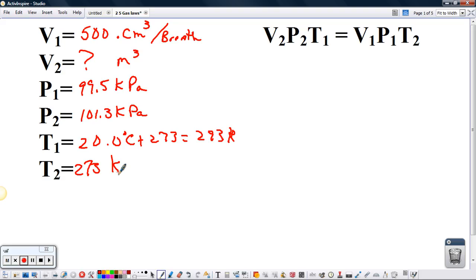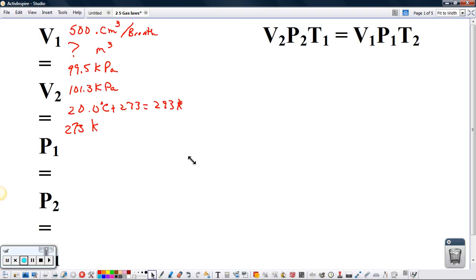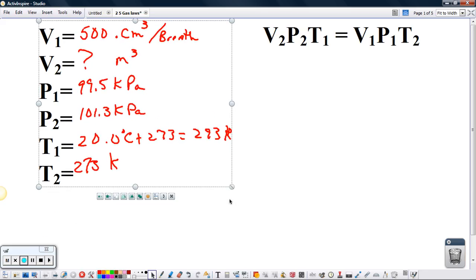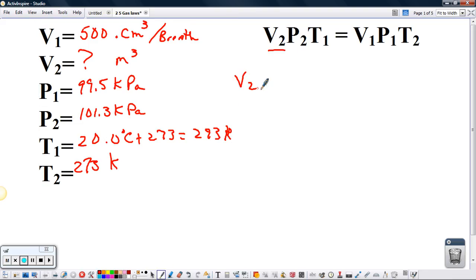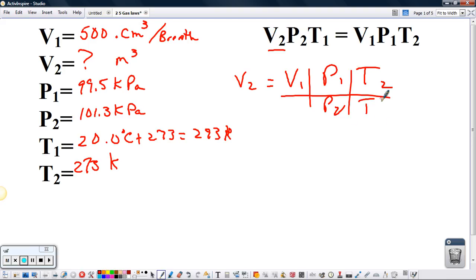So the first thing I need to do is to adjust that volume to the new condition. All right, I'm going to come over here and adjust my formula. V2 is equal to V1 P1 T2 over P2 T1.